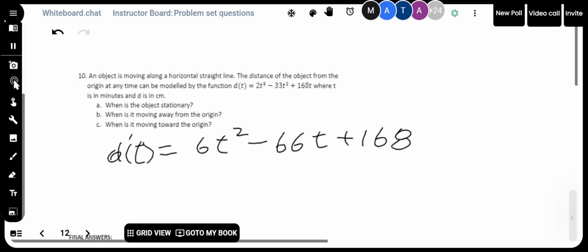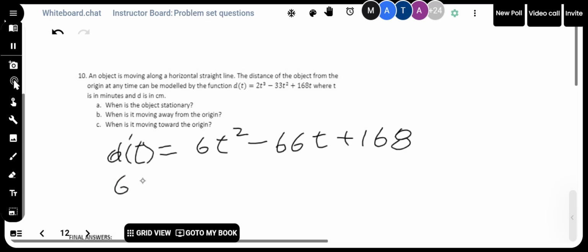So d prime of t, which is the first derivative, and I'm saying first derivative because our next class is going to be talking about second derivatives and so on. Our first derivative of this function will tell you velocity. So now what Javier is saying is we want this velocity to be equal to 0, because at that point your velocity is 0. So let's set this equal to 0.